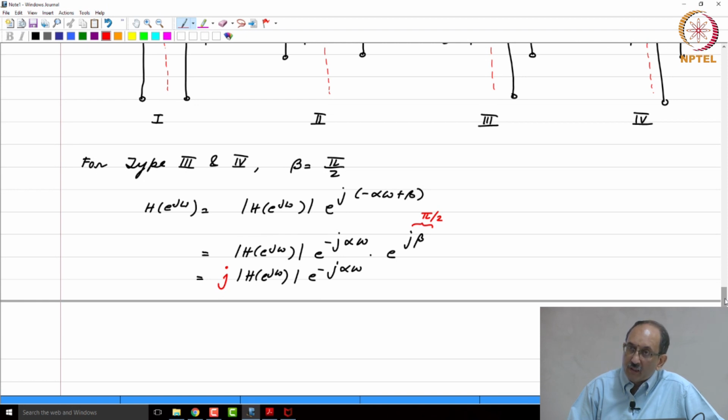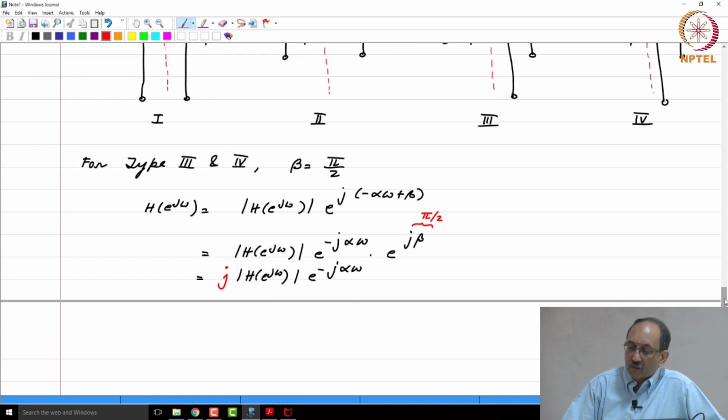So, one thing that immediately jumps out from this fact is that this phase response is dependent only on what? Only on length, right?